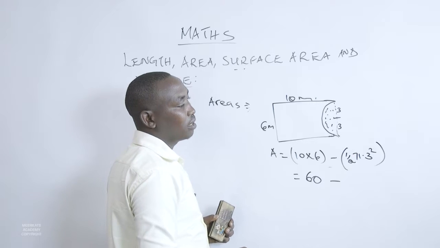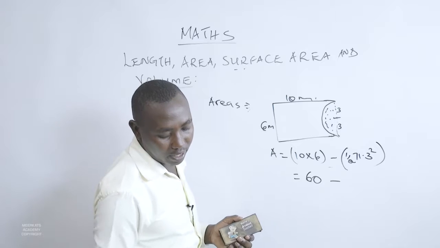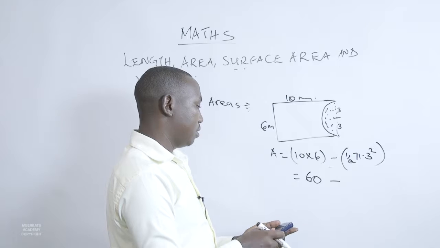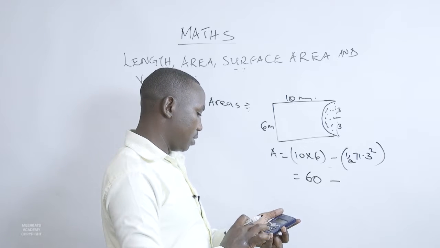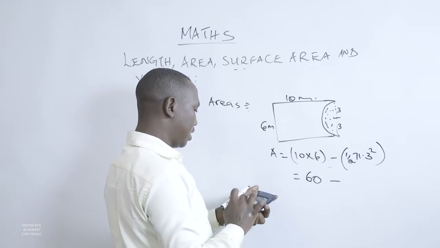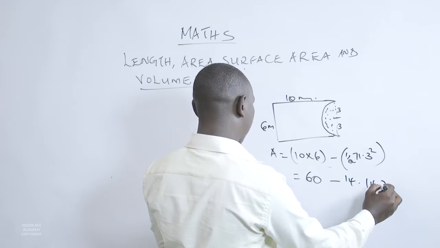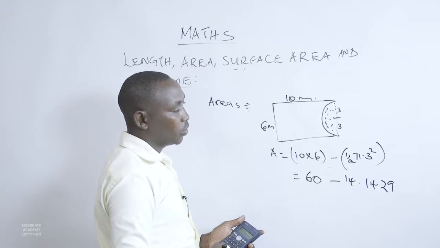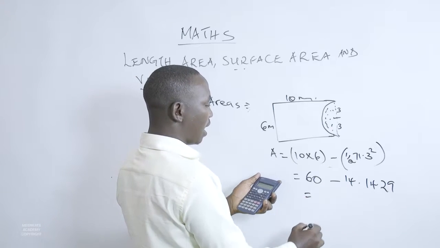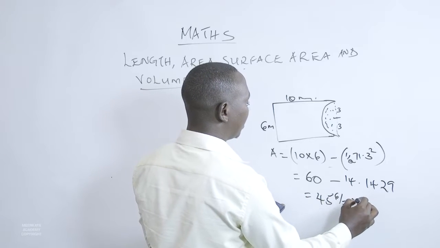We subtract a half pi multiplied by 3 squared, which is 9, which will give us 14.1429 square meters. So when subtracted from 60, you'll get that the area of this figure is 45 and 6/7 meters squared.